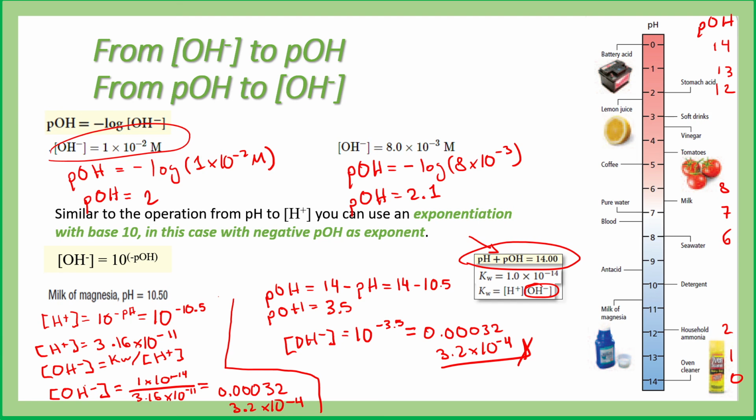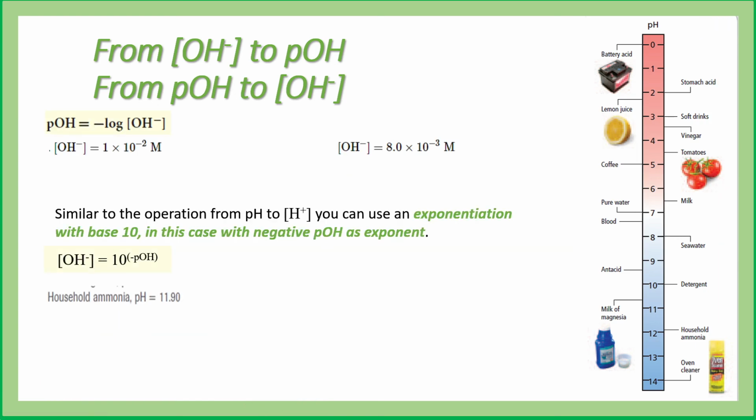Instead of milk of magnesia, it will be household ammonia, which has a pH of 11.9. I have it in the next slide. It's very similar to this slide, but now we have household ammonia. And remember the same: the addition of pH and pOH is 14.